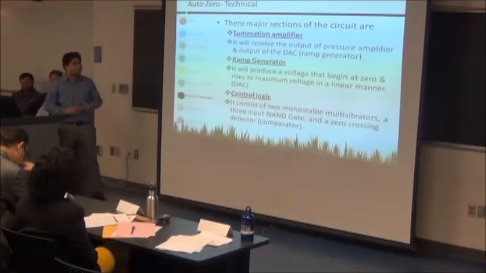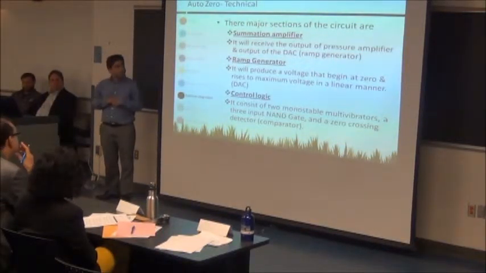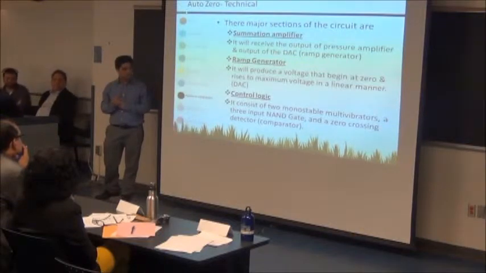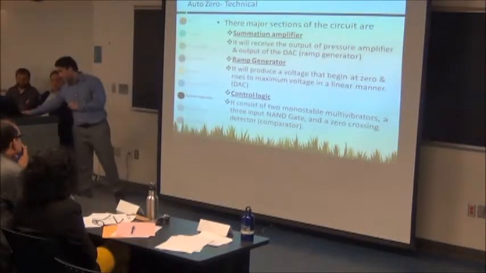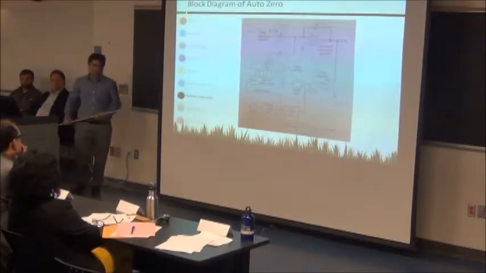So how is the circuit designed? The circuit is divided into two sections. There is one summation amplifier, a ramp generator, and a control logic circuit. So this is the basic block diagram.